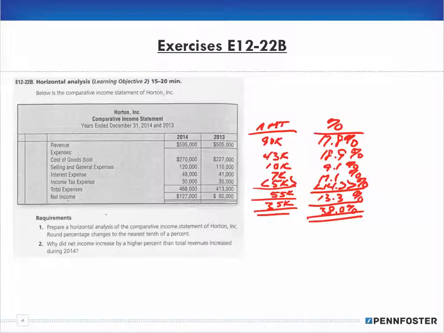This is what this case is. Why is our net income percentage greater than our revenue percentage? If our expenses were greater than our revenue, then our net income would be less. Think about that, and plug in the numbers if you have to, because that's what causes you to learn and understand the concept.